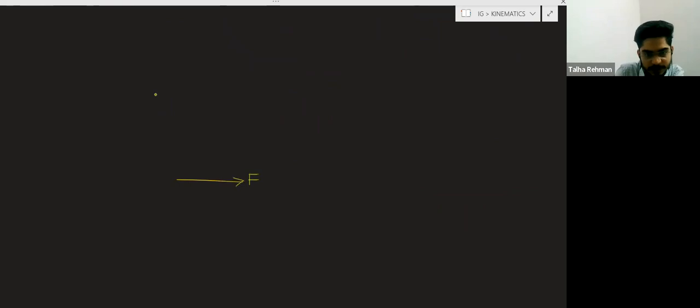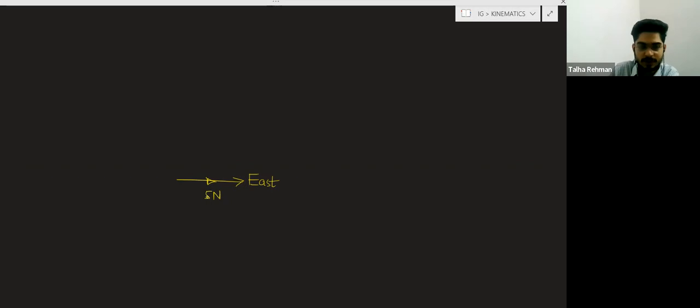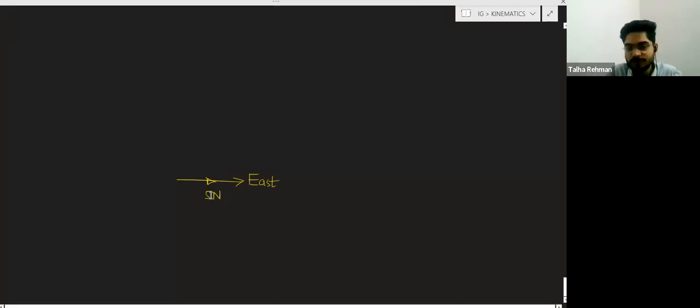Suppose this is the east direction. Someone is applying a force of 5 Newton in the east direction. 5 Newton is the numerical value of the force, and east is the direction.